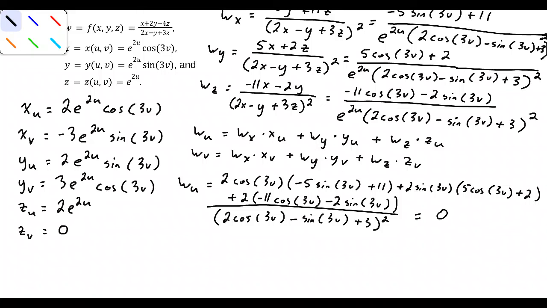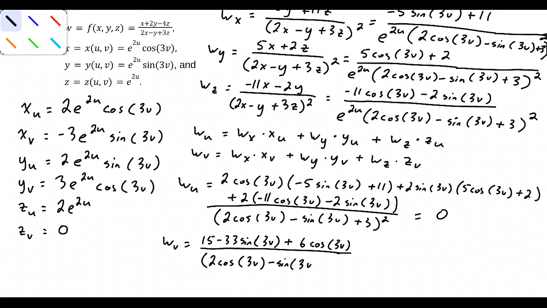Now, you'll follow a similar pattern to see that wv with some algebra is equal to a numerator of 15 - 33 sin(3v) + 6 cos(3v) with a denominator of (2 cos(3v) - sin(3v) + 3) squared.